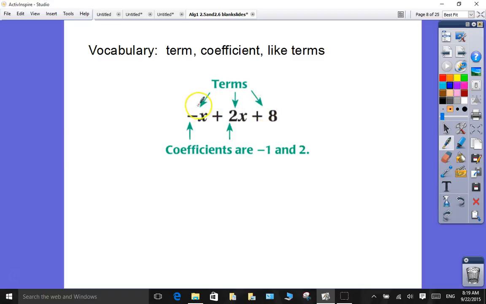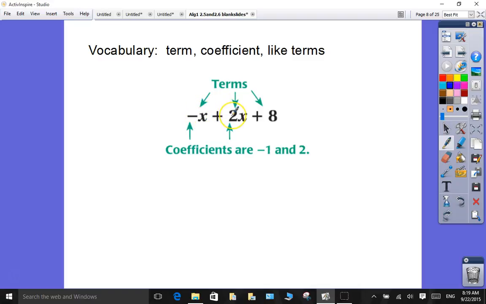If you have a variable and there's a number in front of it, the word for that is coefficient, C-O-E-F-F-I-C-I-E-N-T. And if you don't see a coefficient on a variable, what is it? It's 1, right? And the first one, because it had a negative in front, was negative 1.